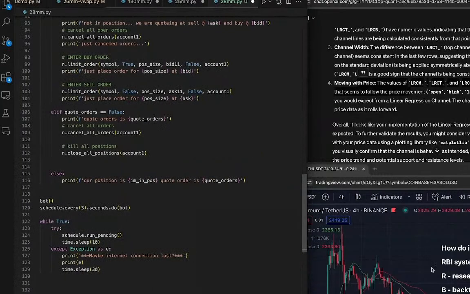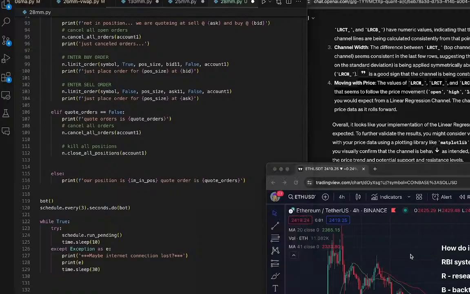Okay, remember, fellas and ladies, this is the process to automate your trading. Research strategies, see what works, and then implement.